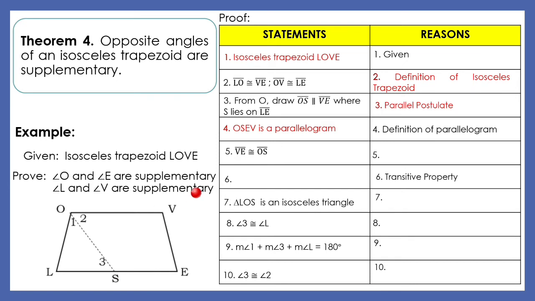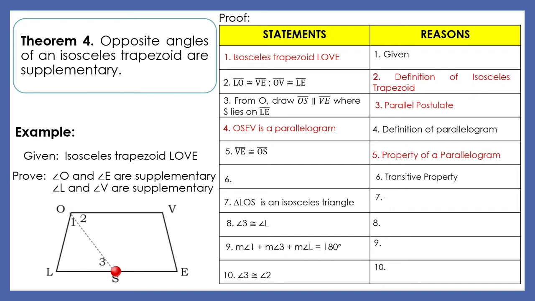For statement number 5, we have line segment VE is congruent to line segment OS. This is our line segment VE and this is our line segment OS. They are congruent by property of a parallelogram. So, ang property ng parallelogram natin is opposite sides are congruent.